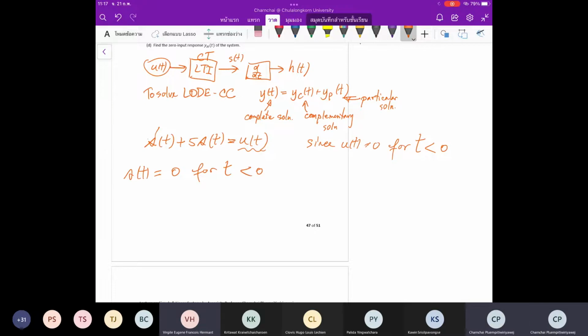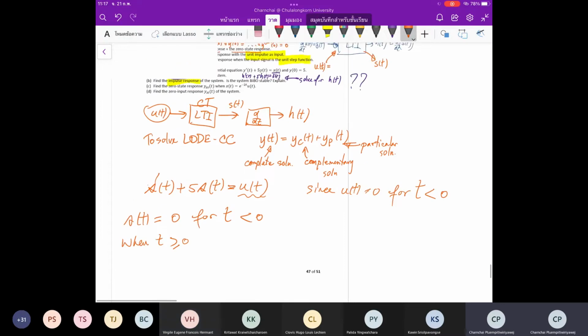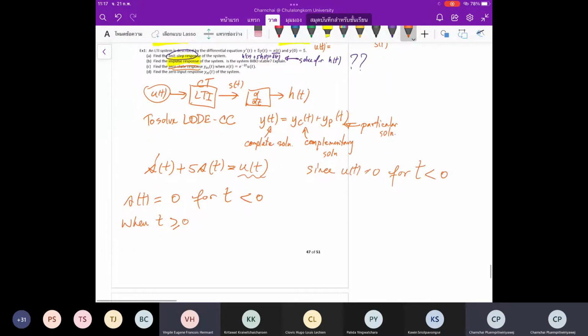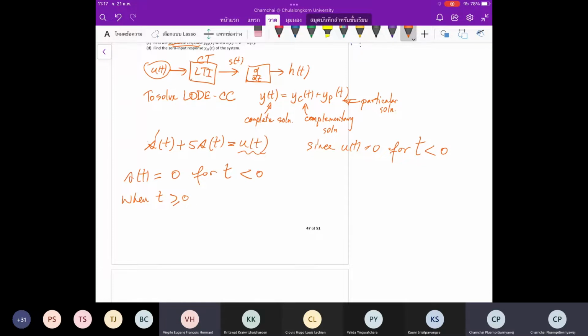So from now on, we just consider t greater than or equal to 0. It's supposed to be the zero state response, which means nothing happens before you start the signal.